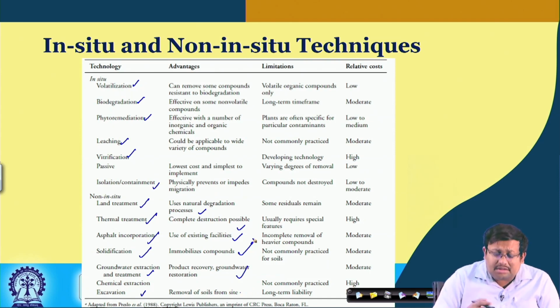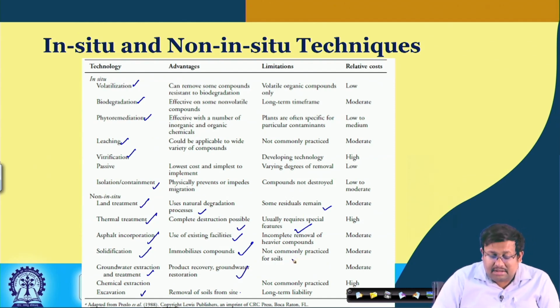So, there are also some limitations. As you can see, in case of land treatment, some residuals are already there. So, you cannot completely remove the contaminated soil in case of land treatment. In case of thermal treatment, it usually requires special features, and temperature generation depends on other energy sources like electric supply, which is costly.